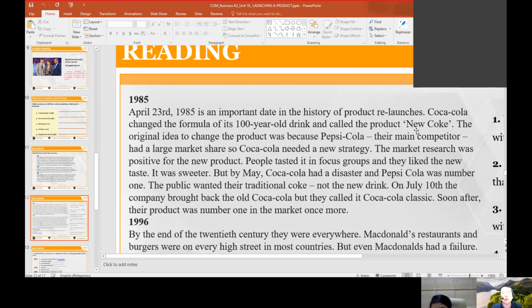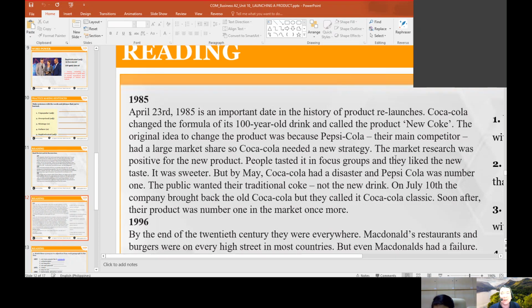Yes, New Coke. The original idea to change the product was because Pepsi Cola, their main competitor, had a large market share, so Coca-Cola needed a new strategy.